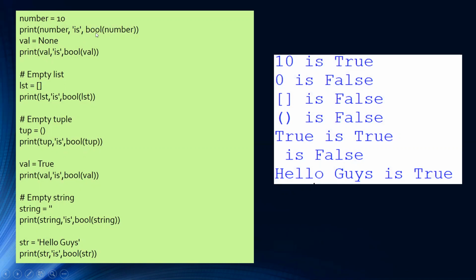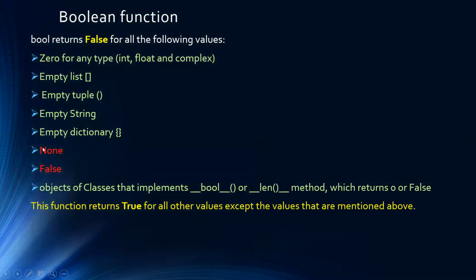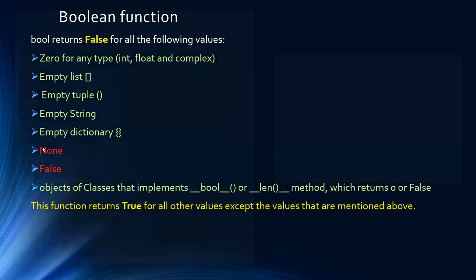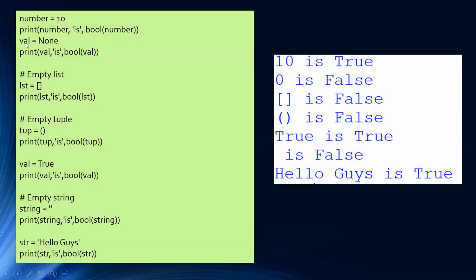So in this case I will get true. Yes, true. But in this case, because I have assigned None value, and if you see the previous slide, if anything is assigned None, then the answer must be false. See, here is the false.